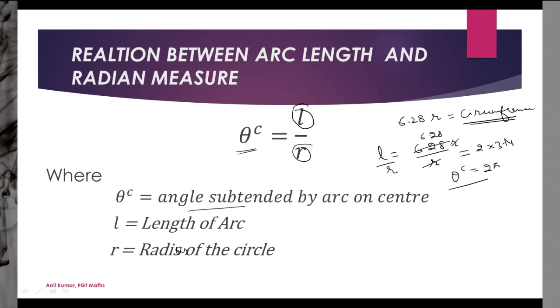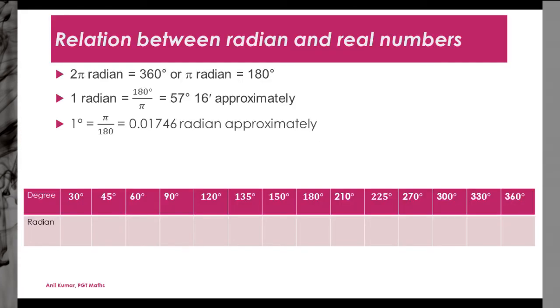So theta radian will be 2 pi. That means the complete angle, which in degree measure we say is 360 degree, here we will say is equal to 2 pi. So 2 pi is equal to 360 degree, or you can say pi radian will become 180 degree.